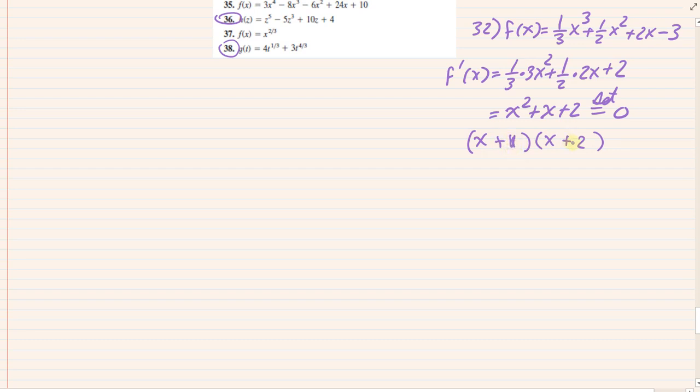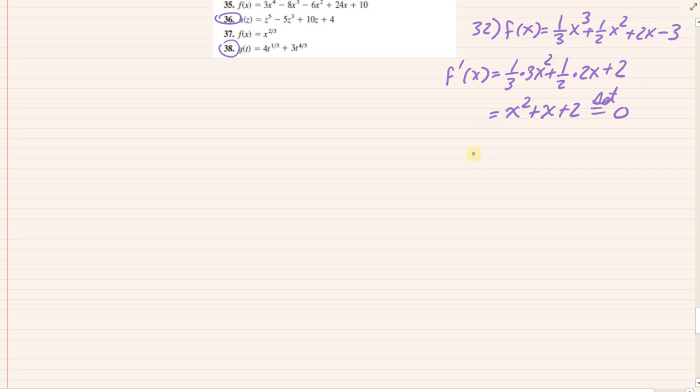Well, 2 is prime, so those are my only choices, or -2, -1 would be another. The OI combination in FOIL, in this example, I cannot find numbers that work to where the OI adds up to 1.